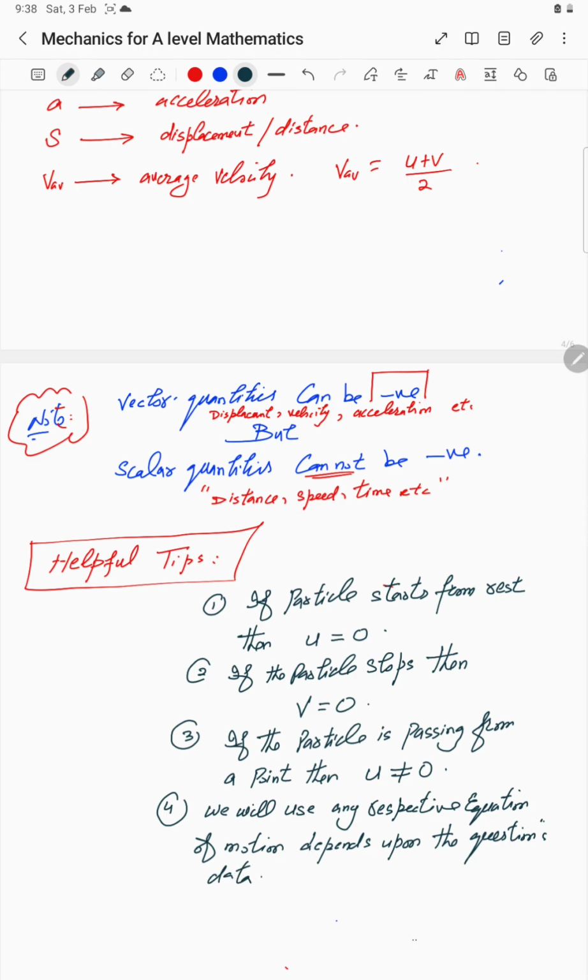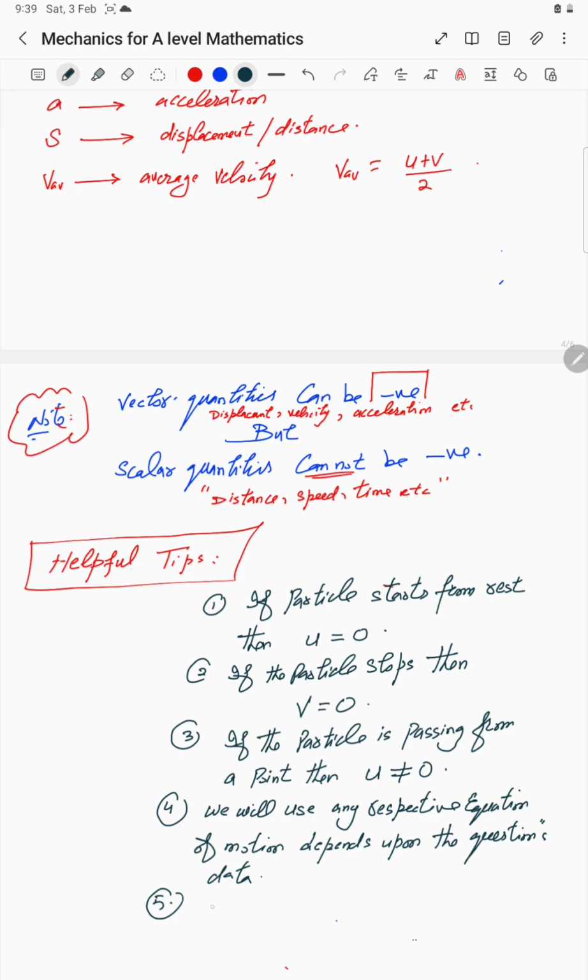So we need to read the question carefully, and we need to apply whichever of Newton's equations of motion is suitable for the given data. So these are the points.